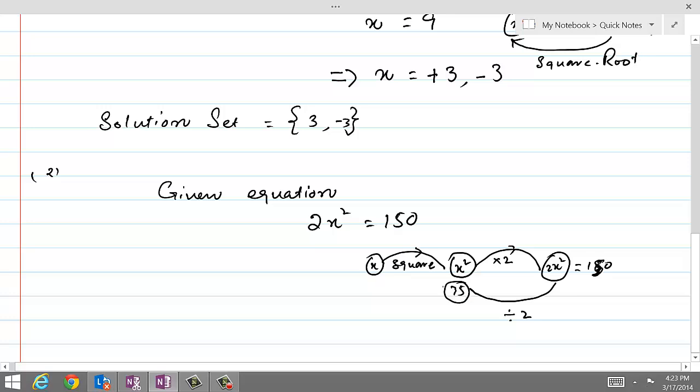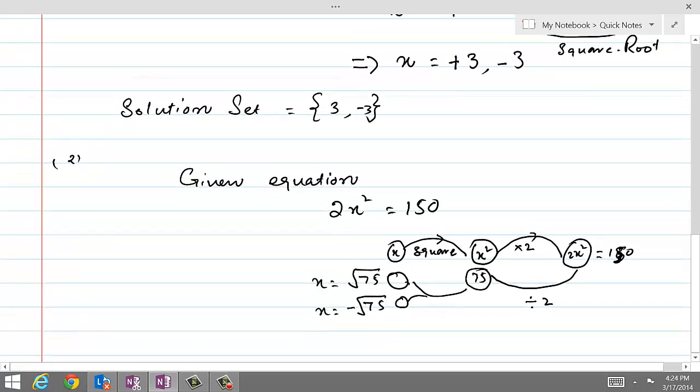If we apply square root, which is the inverse operation of a square, again it's going to split into two different branches. One will give us the square root of 75 with positive sign, and one with the negative sign. So these are the two possible values of x.